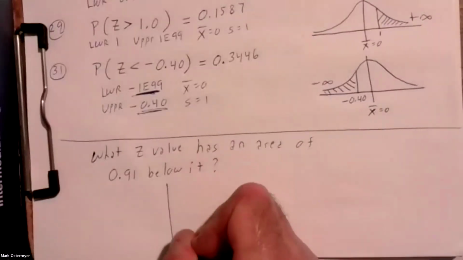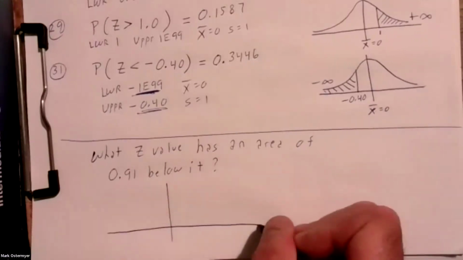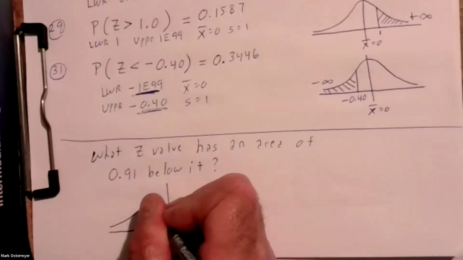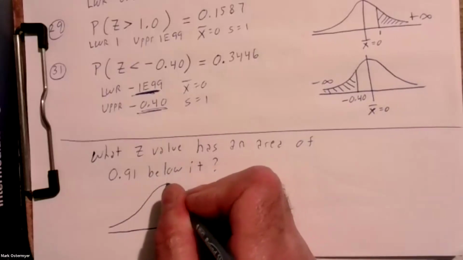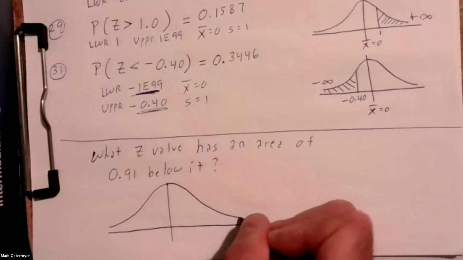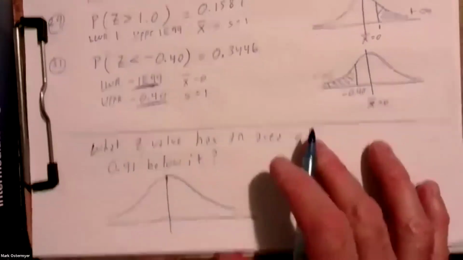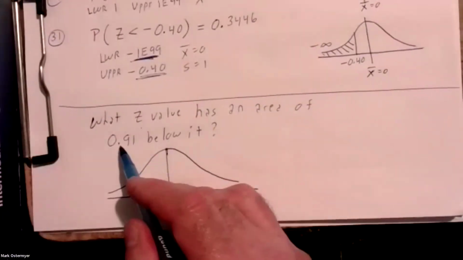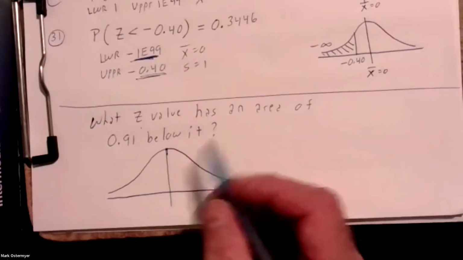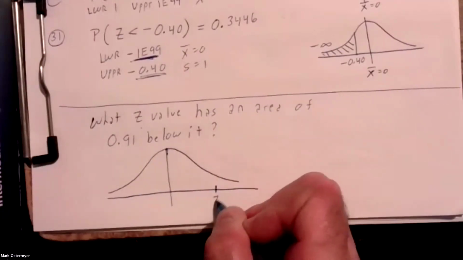Now, this is asking a different question. Up to this point, we've been given the Z value and asked to compute the area, but now we're given the area and asked to find the Z value. So 0.91 of the entire area of the curve means this Z value is going to be way up here somewhere.